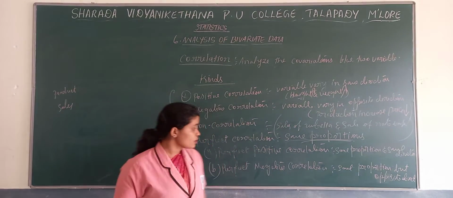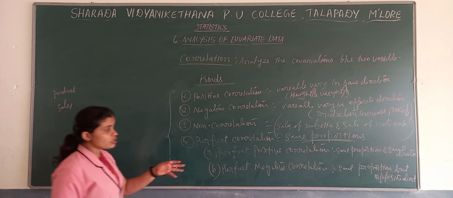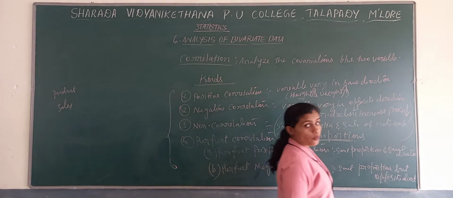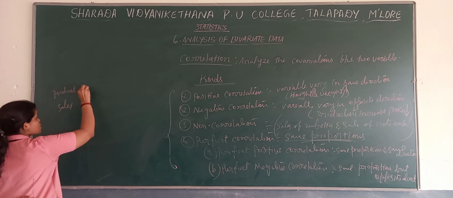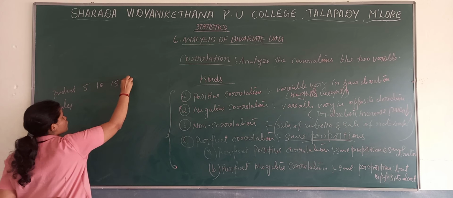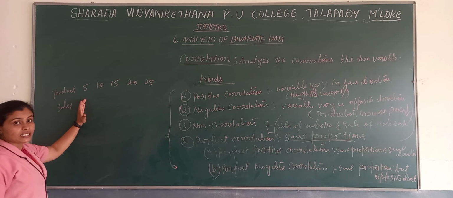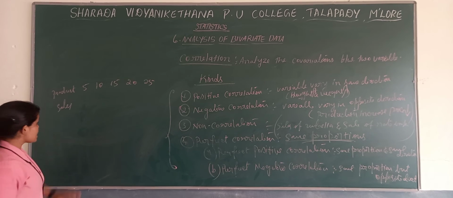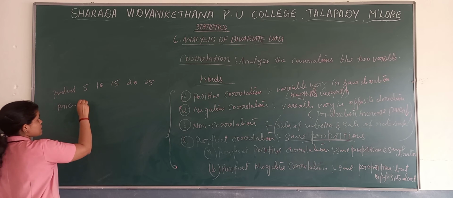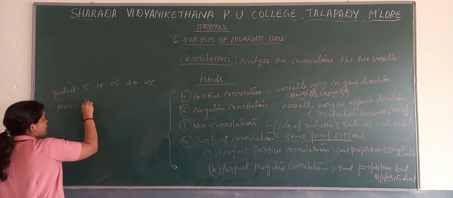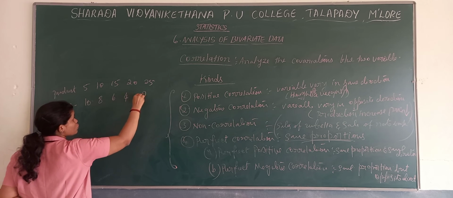But what is negative correlation? Negative correlation means the same proportion but opposite directions. For example, production increases 5, 10, 15, 20, 25. But here it decreases. What decreases? The sales or the price: 10, 8, 6, 4, 2.